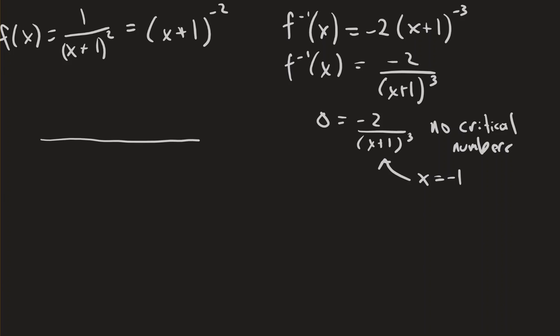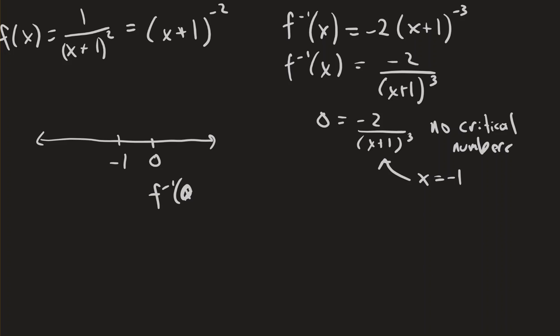So that's the point I should test. It might be changing directions at negative 1. So I need to pick something to the left and something to the right, and I can evaluate the derivative there, and I will know if the graph's going up or down. So I'm going to pick something easy like 0.